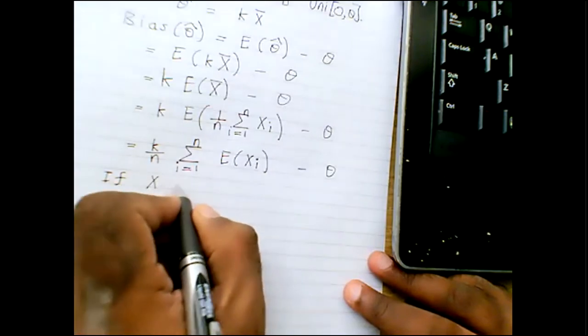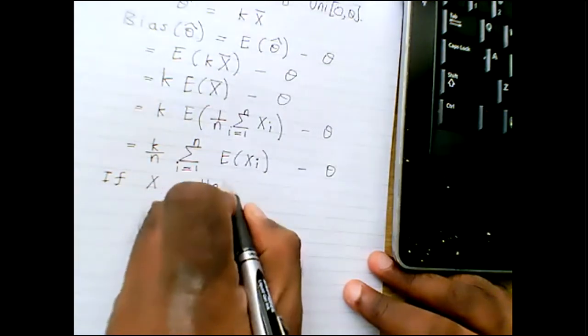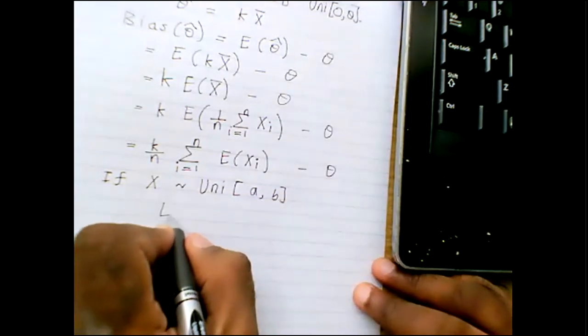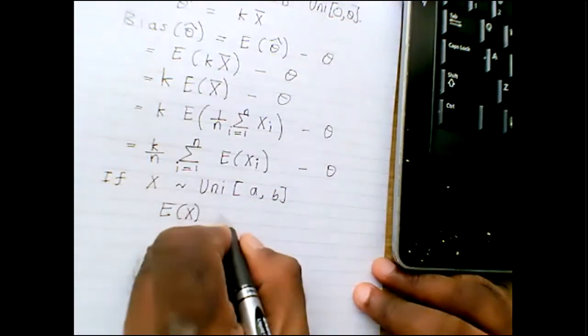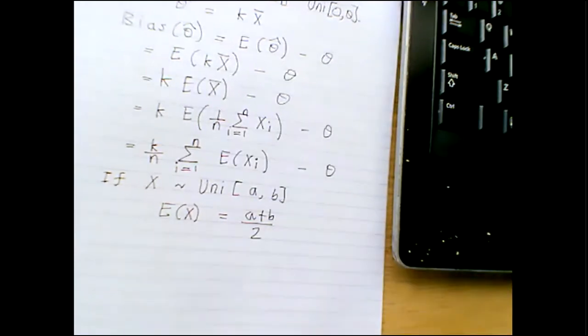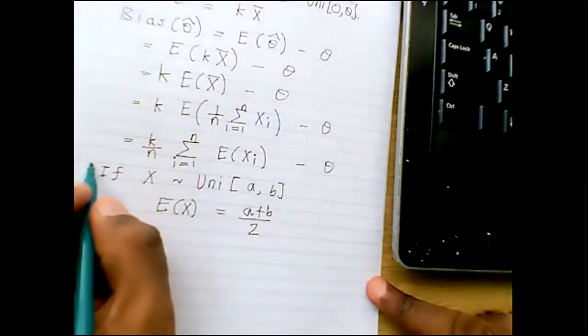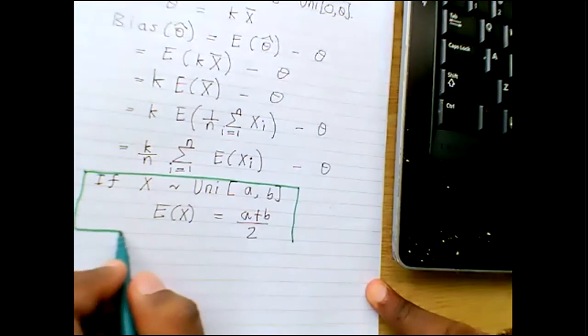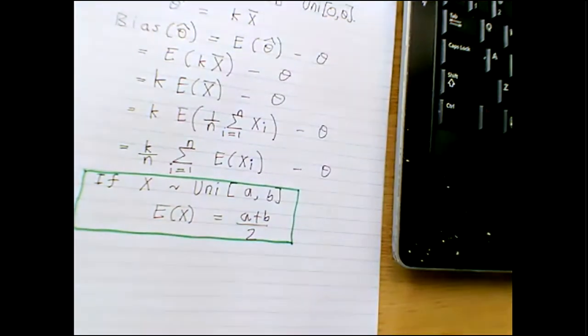If x is a uniform variable on the interval a to b, then the expectation of x is a plus b divided by 2. I'm sure you learned this in probability 1. If you don't remember, this is the formula.